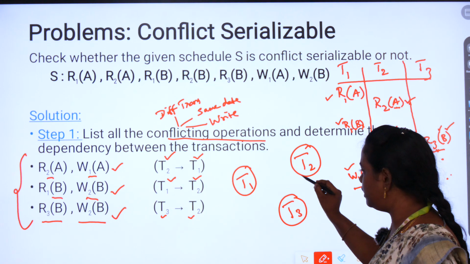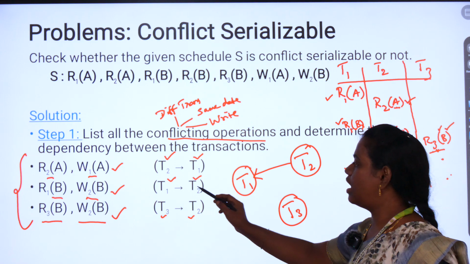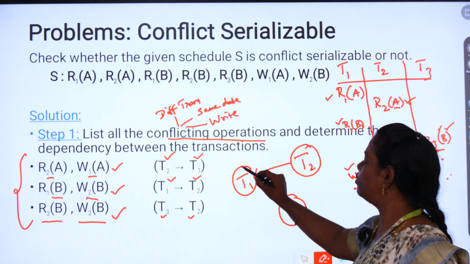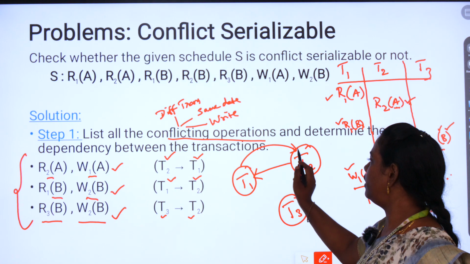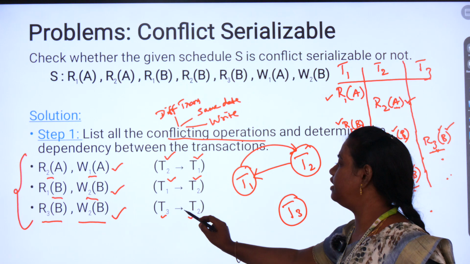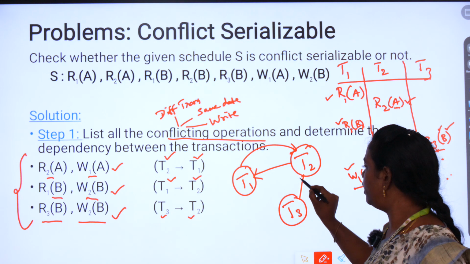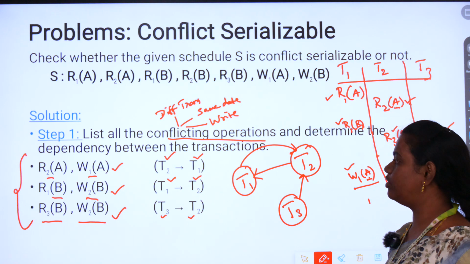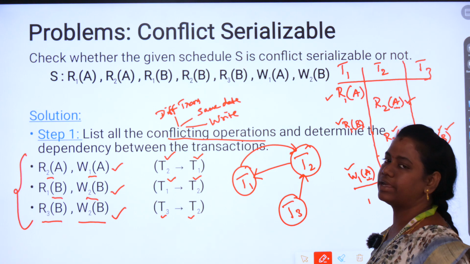Okay, after completing T2, only then will T1 be executed, and then T1 implies T2. So after completing T1, only then will your T2 be executed, and then T3 arrow T2. So after completing T3, only then will your T2 be executed. So this is your precedence graph for this example.